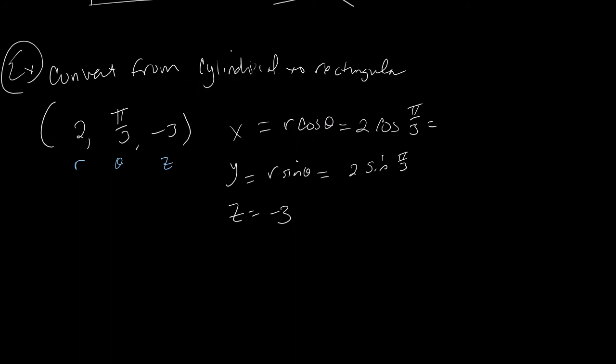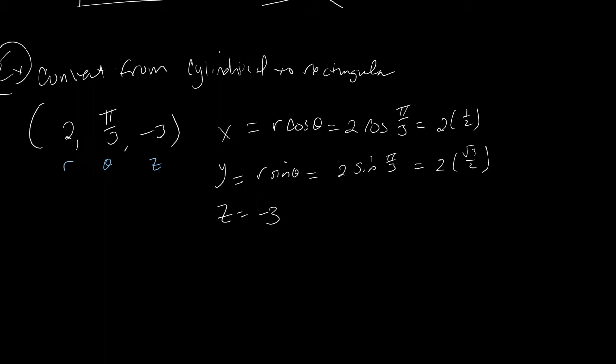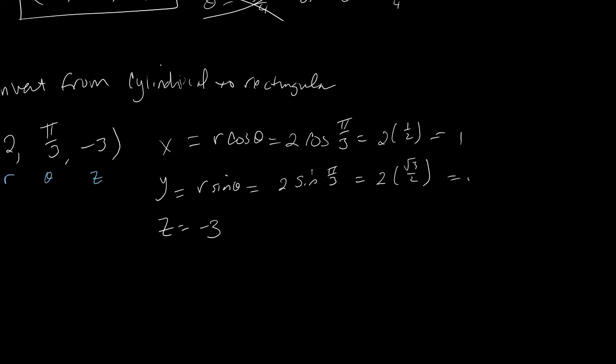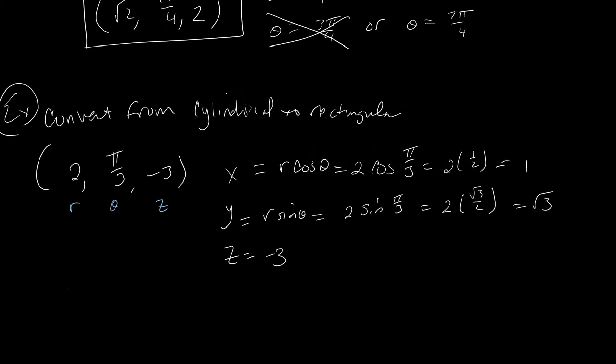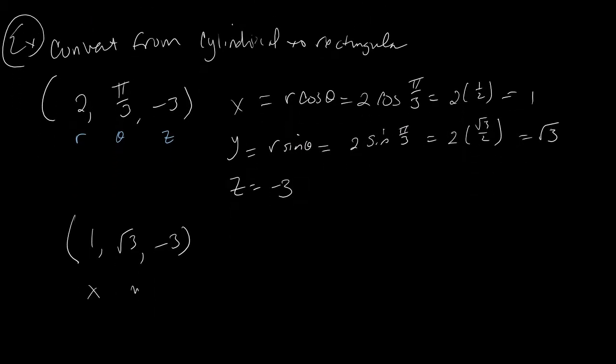Cosine of pi over 3 is 1/2, so this is 2 times 1/2. Sine of pi over 3 is root 3 over 2, so this will be 2 times root 3 over 2. So that's going to come out to be 1 and square root of 3. And so our point in rectangular form is going to be 1, square root of 3, -3. That's our x, y, z.